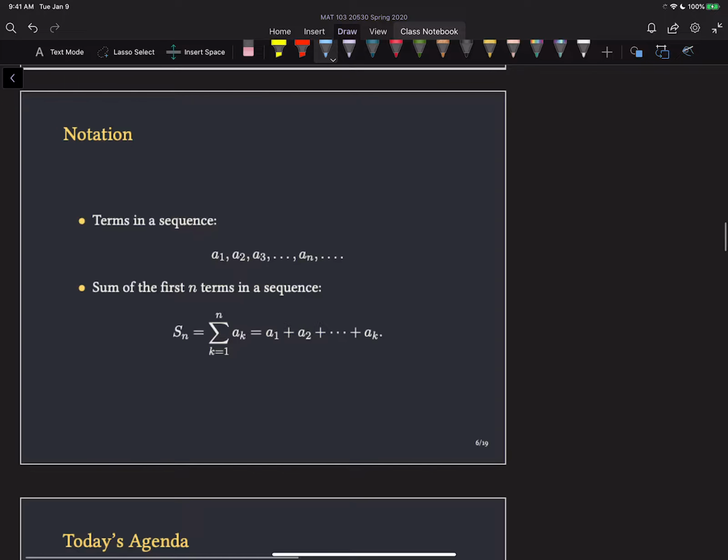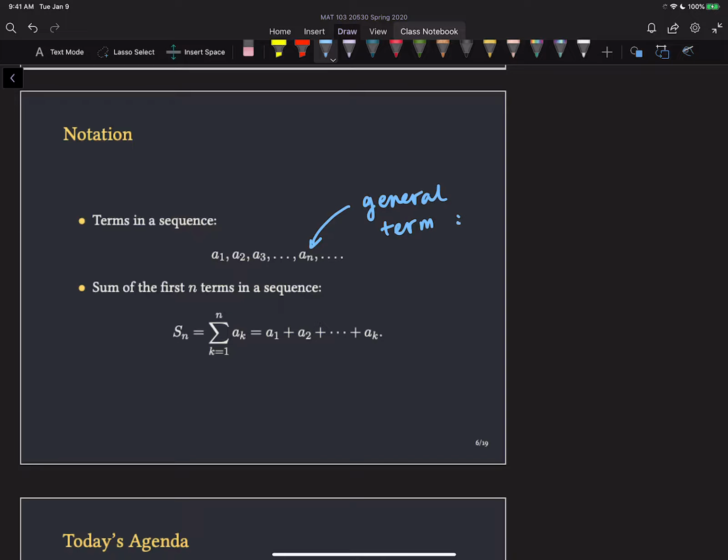The notation that we're going to use for this chapter, these are the notations. Terms in a sequence, we're going to use a1, a2, a3, all the way up, no matter how many terms you have, to represent the terms in a sequence. And over here, we have this a sub n. This is the general term of a sequence.